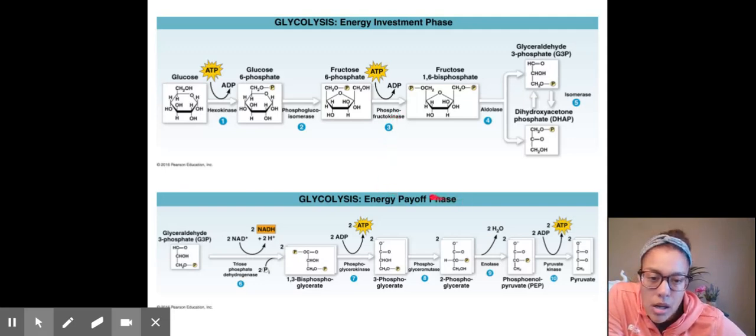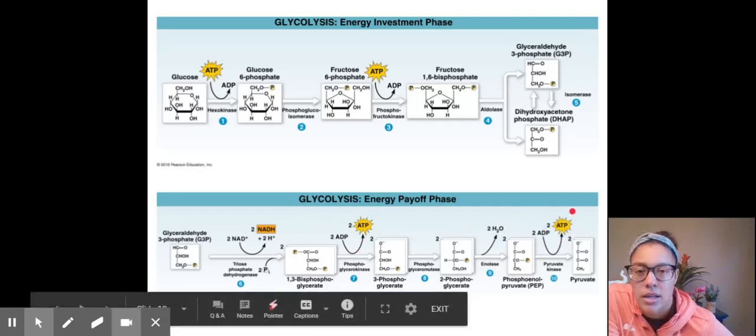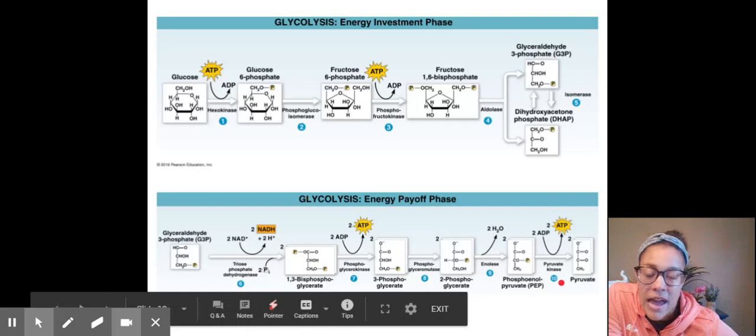And then here's our energy payoff phase, again, where our NADH is being produced, and our ATP is being produced as well. So that's the process of ADP being added with our Pi molecules. Again, enzymes are going to assist and force them to interact and happen at a certain time frame.